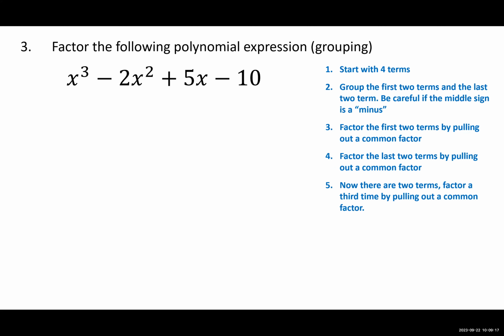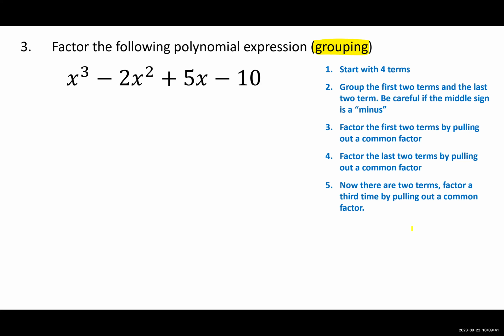The next method, and I'm going back on that list from the very first slide. The next one on the list, factoring by grouping. When do we use grouping? Well, when we have 4 terms. So if you look at the step-by-step directions over here on the right, start with 4 terms.